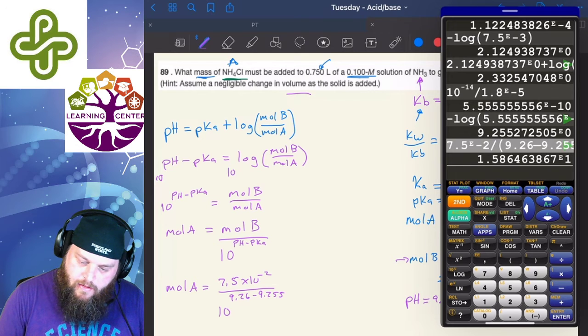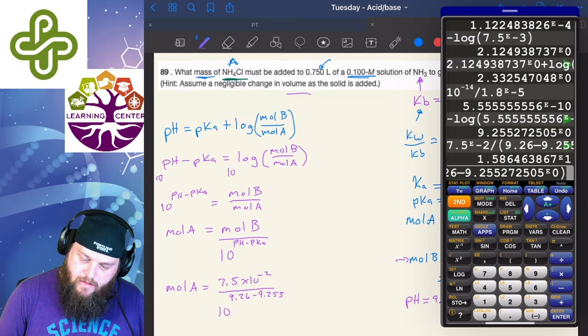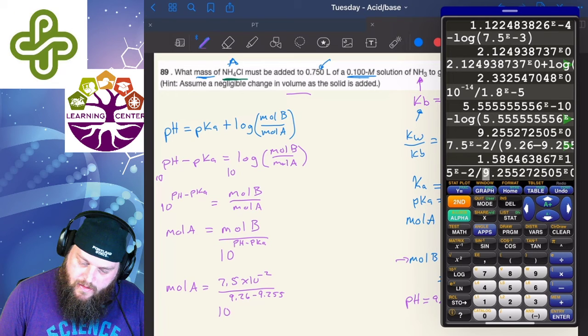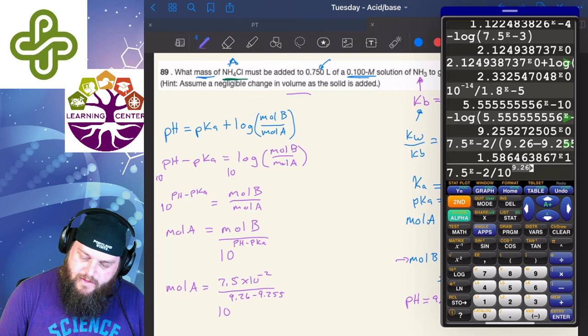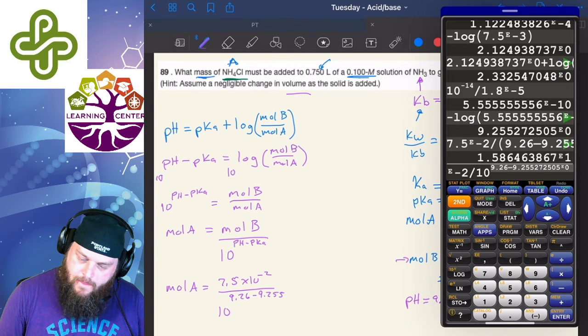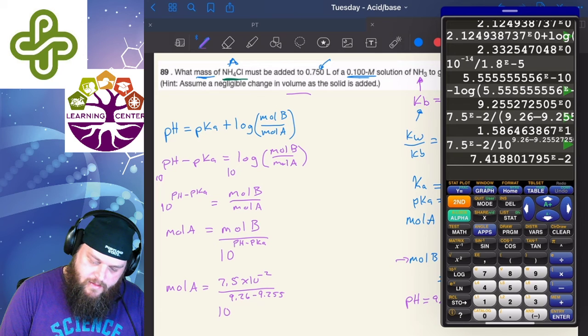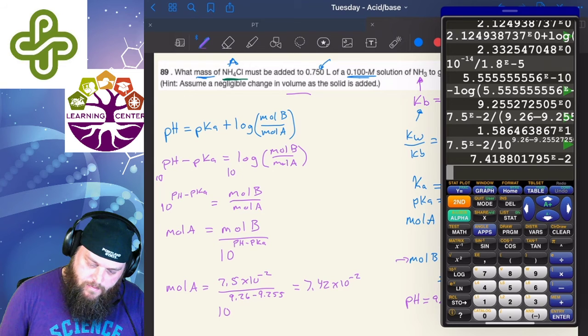I did that wrong. Whoops, let's do that again. This should all be the exponent of the 10. So let's do that again: 10 to the power of 9.26 minus that value, which brings me to equal 7.42 times 10 to the negative 2.